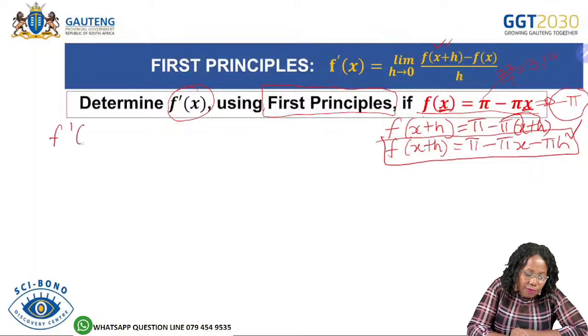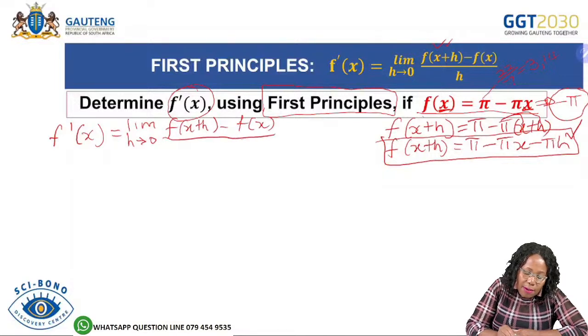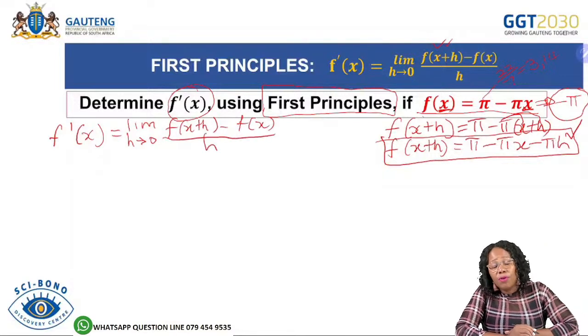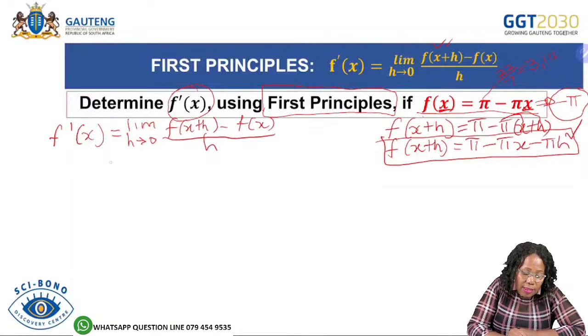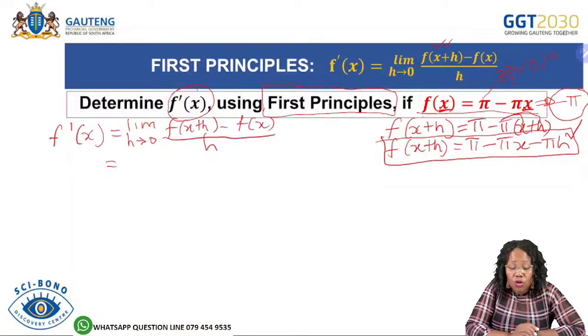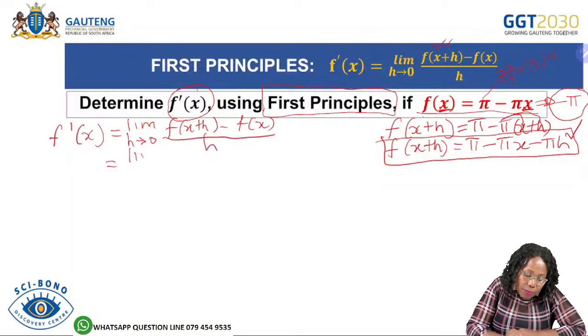f derivative of x is equal to the limit of h approaching 0 of f at x plus h minus the f at x, all over h. As you can see, grade 12, I am copying the formula again for you so that you can copy it correctly from the formula sheet. And then from here, step number 2 is substitute.